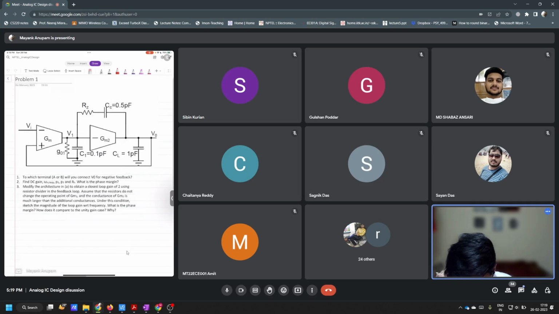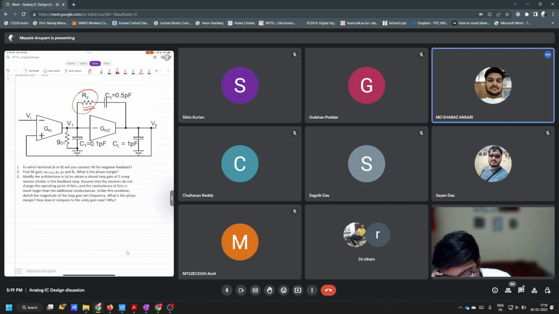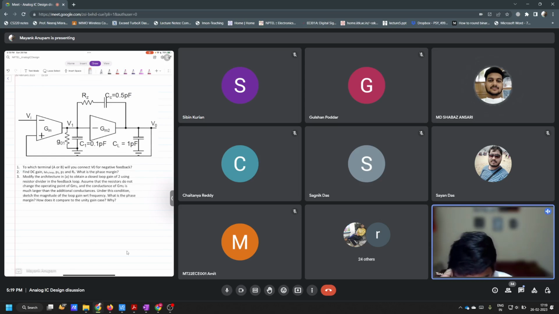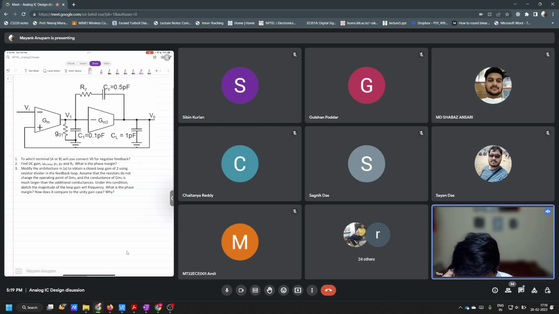So this is a negative feedback op amp, right? A two-stage Miller compensated op amp, where you also have this resistor. What is the purpose of this resistor? To avoid the zero. Correct. It's a zero cancelling resistor. Now, first question: to which terminal, A or B, will you connect Vo for negative feedback?